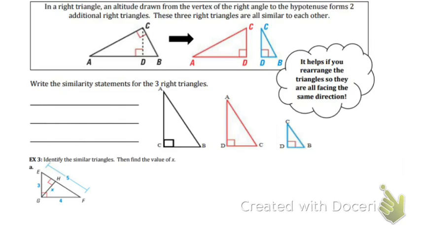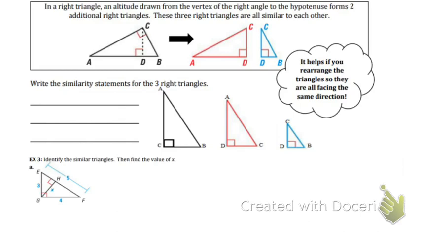That means you have a right triangle and you drop an altitude. Well, if you have a right triangle and you drop an altitude, you actually create 3 similar triangles. Those 3 similar triangles are the big one, that ADC, and that CDB. That will always happen if you are dropping an altitude on a right triangle. It always creates 3 similar triangles.